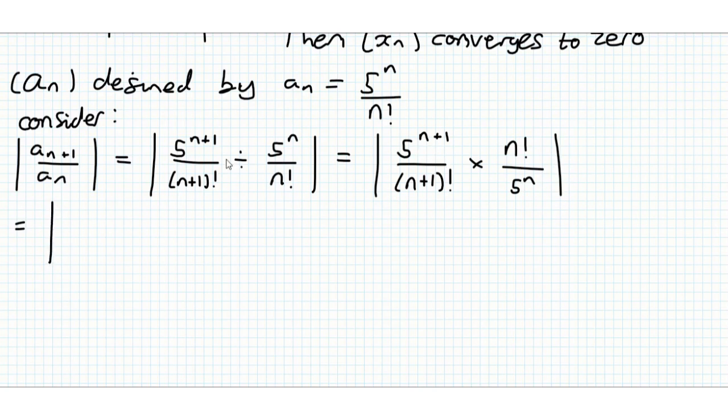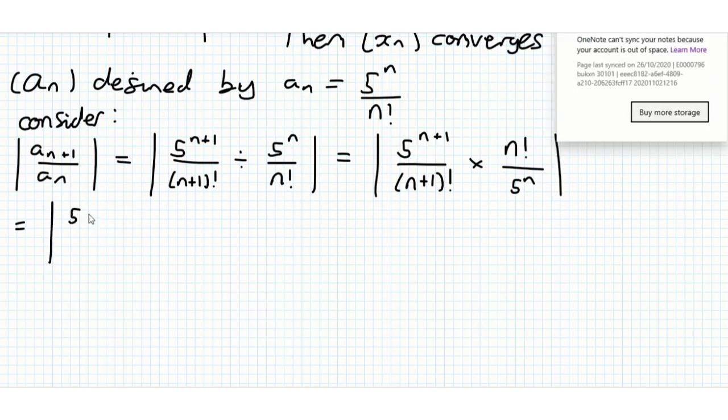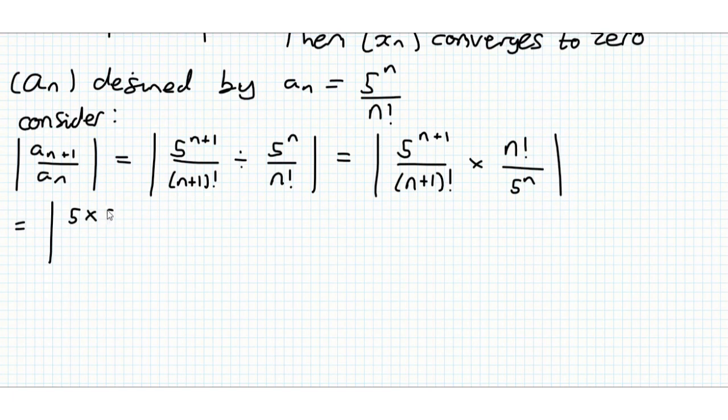We can see that 5 to the n plus 1 is equal to 5 multiplied by 5 to the power n. And n plus 1 factorial is actually n plus 1 multiplied by n factorial. That makes sense because n factorial is equal to n multiplied by n minus 1, multiplied by n minus 2, all the way until we get to 1.